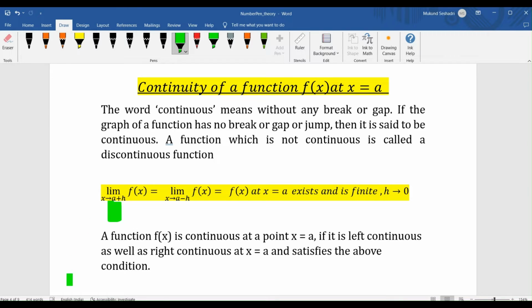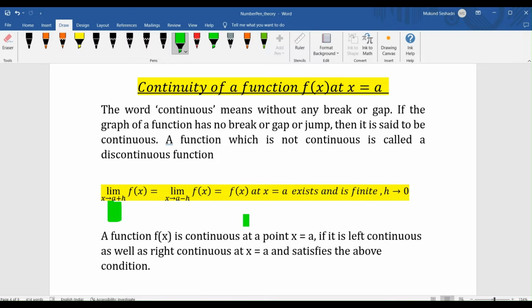So a function is said to be continuous at a point x equals a if it is left continuous as well as right continuous and satisfies the above equation, right? So we need to arrive at the left hand limit, we need to arrive at the right hand limit and make sure that both are equal and at the same time they are equal to f of a.